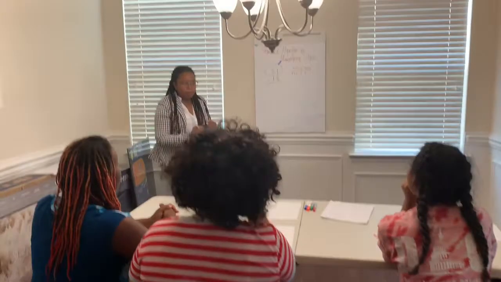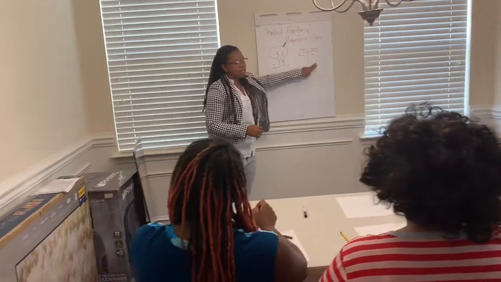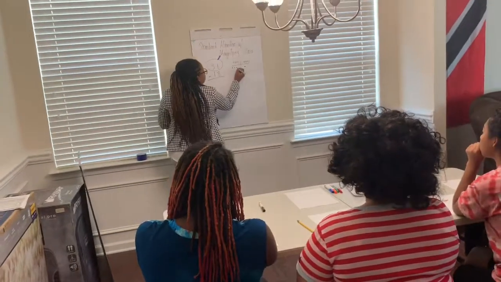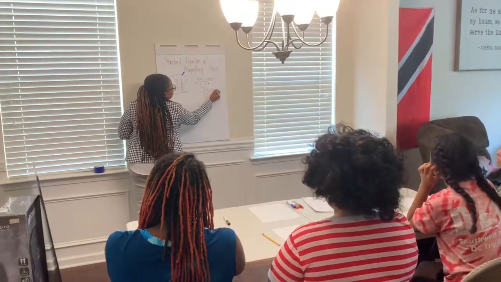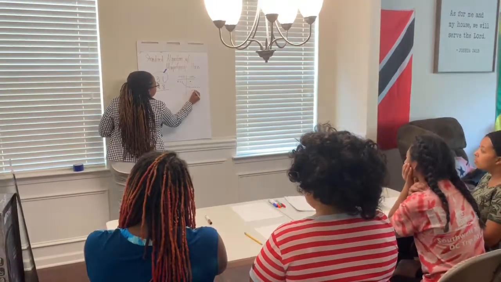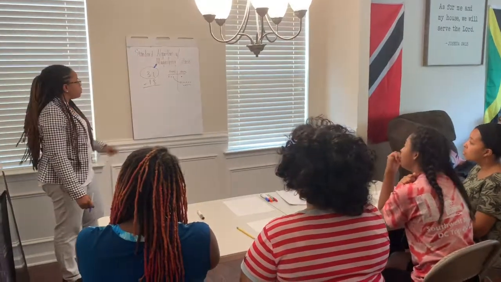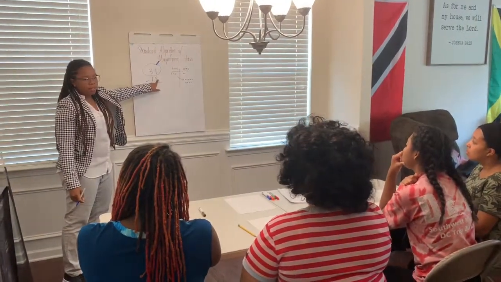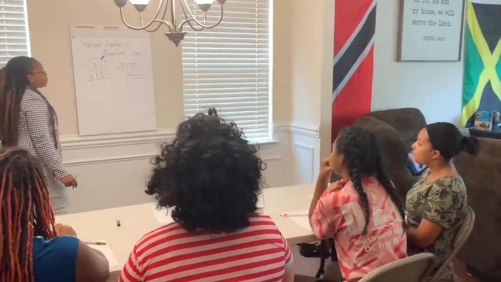I'm going to unbundle or decompose one of my 10s to create more 1s. So I'm taking this 10 here and I'm decomposing it, or breaking it down, so I have enough 1s to subtract my 8.